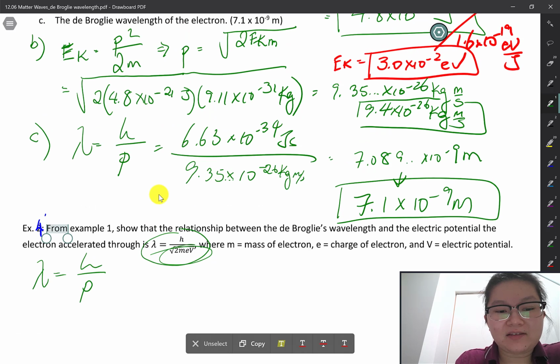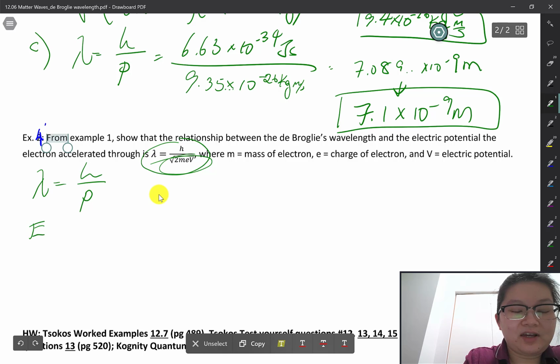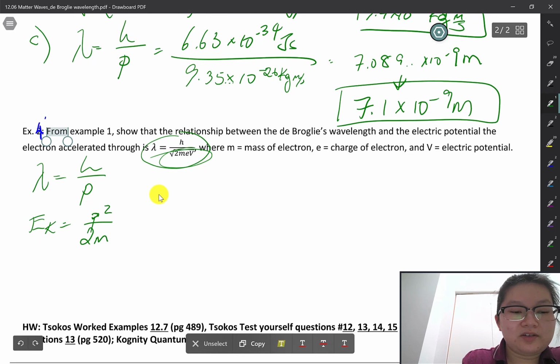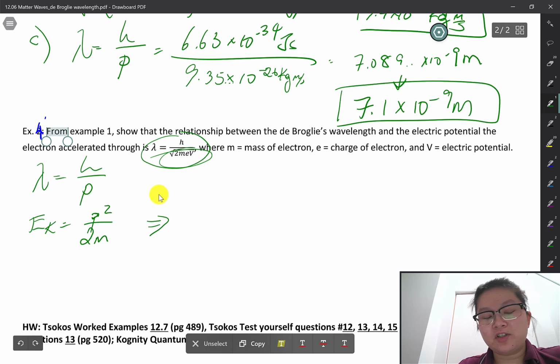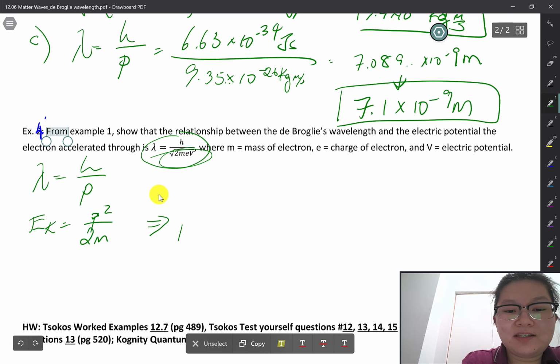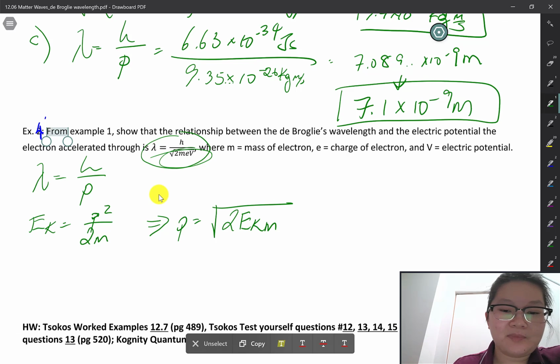We know that the kinetic energy of a particle is related to the momentum in the following relationship. So to show momentum as a function of the kinetic energy, P is equal to the square root of 2 times EK times the mass, as shown previously.